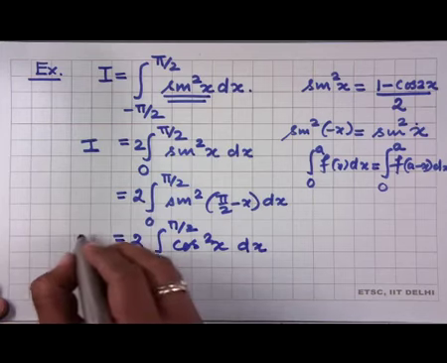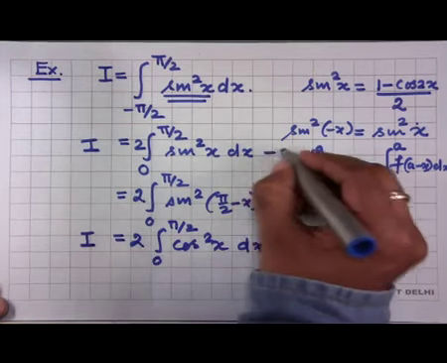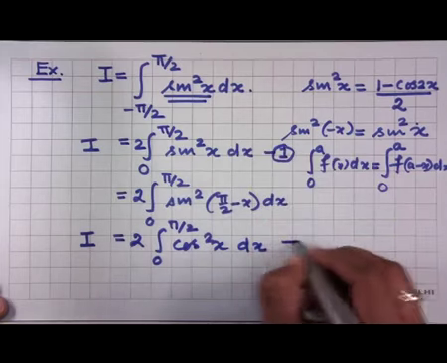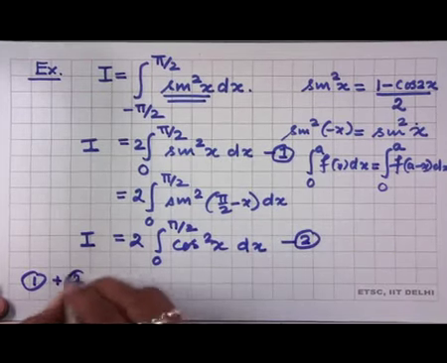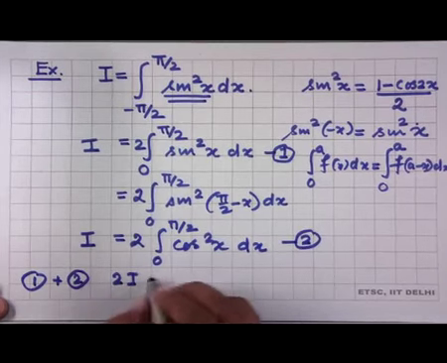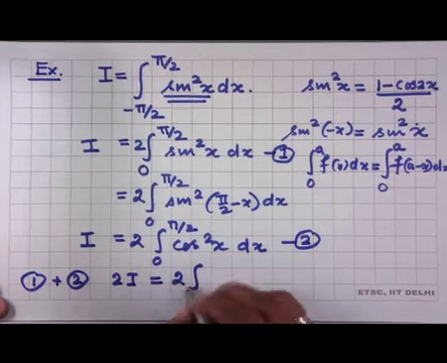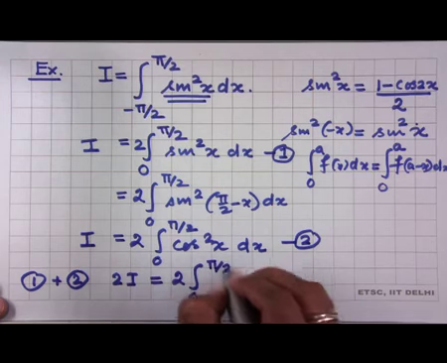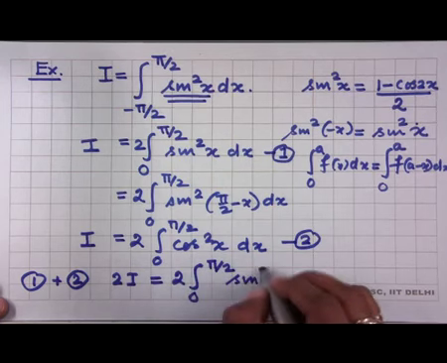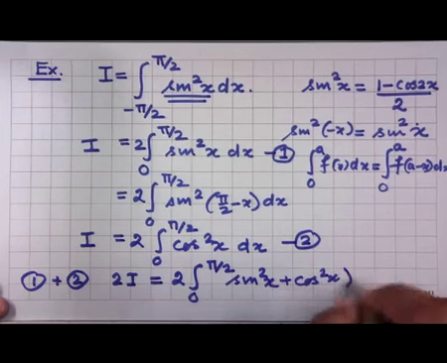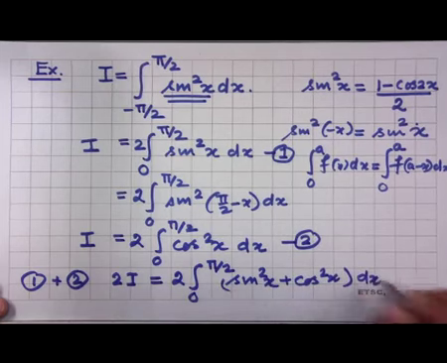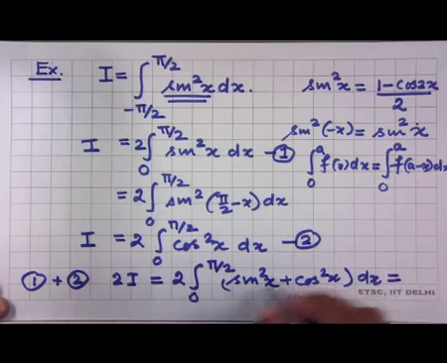Now, this is I, so say this is 1 and this is 2. So, again by adding 1 and 2 you get 2I is equal to twice of 0 to pi by 2 of sin square x plus cos square x dx, which is 1, we know that.